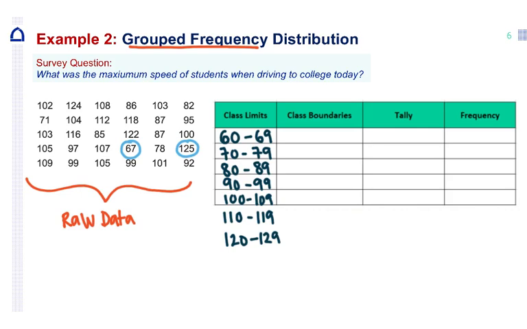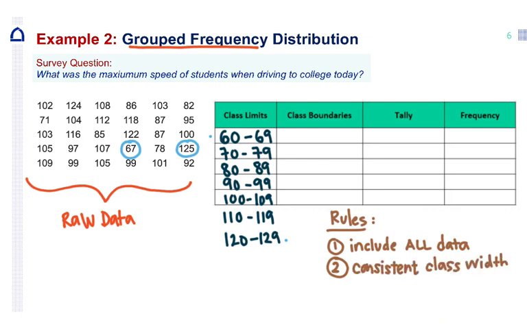And a couple of things that are rules when you make tables. The first rule we already mentioned. We have to make sure all the data is included. Well, again, since 67 is the lowest and 125 is the highest, and I ended up starting at 60 and going to 129, all the data will be included. The second rule is that you have to have consistent class width. Now, what is class width?